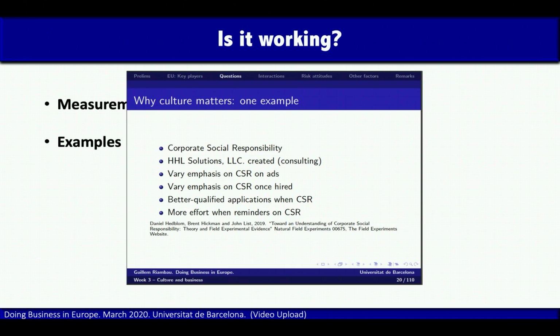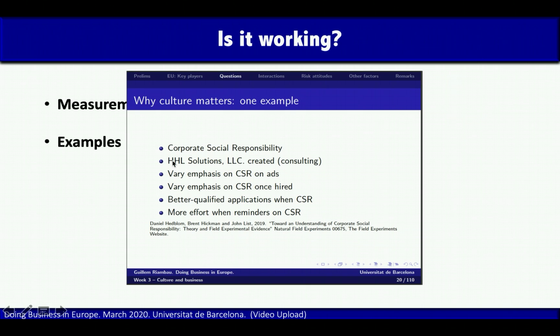Now, other examples. We mentioned it in class, in the second lecture that we had together in week 3; this summarizes it very briefly. These people in Chicago created a company just to see whether people would be attracted to companies that highlight CSR.